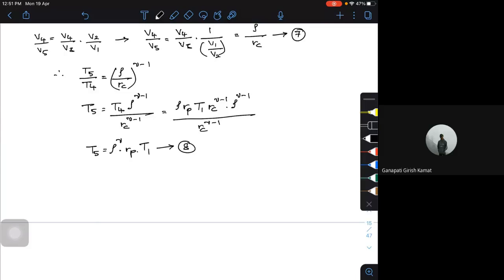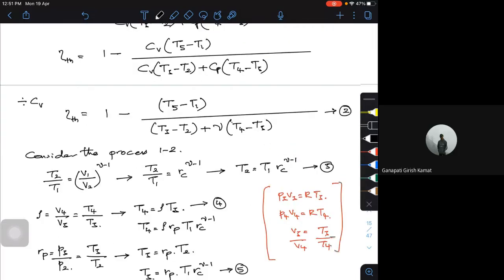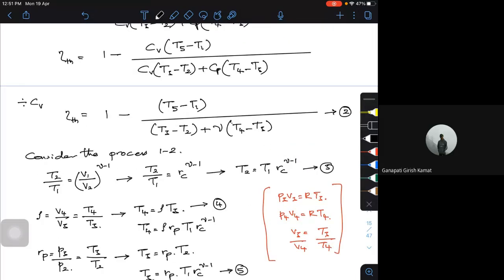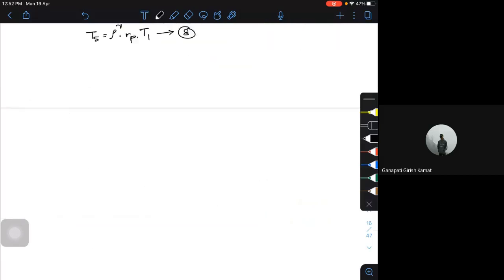Now I'll go to the thermal efficiency, that is equation number 2. Substitute for T2, T3, T4 and T5 in equation 2 and simplify it. So you will get the expression for thermal efficiency. That's what I'm going to do.